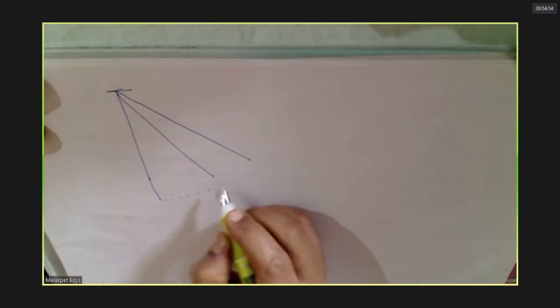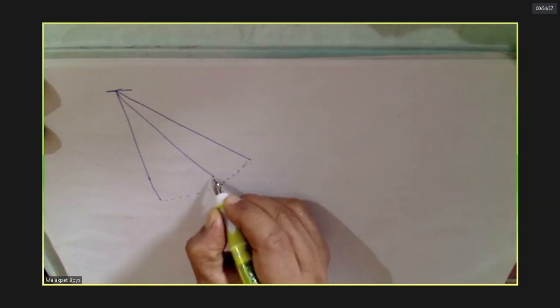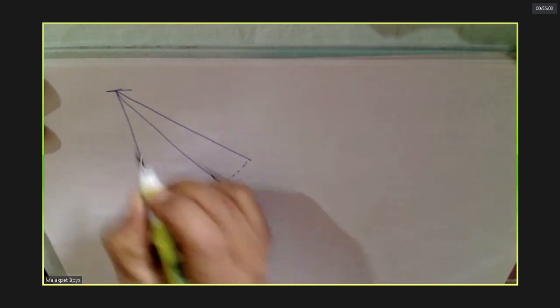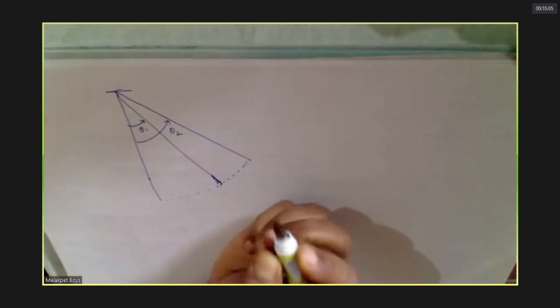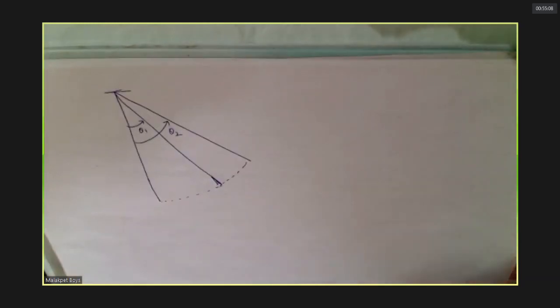Now sometimes he'll be asking, all these are very simple ones only. This is a vertical, and he will say this is theta 1. He'll say find work done.